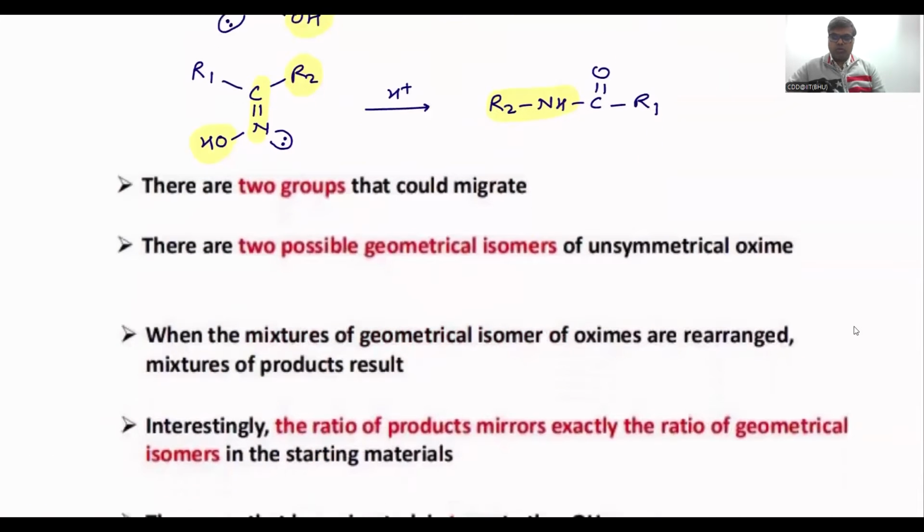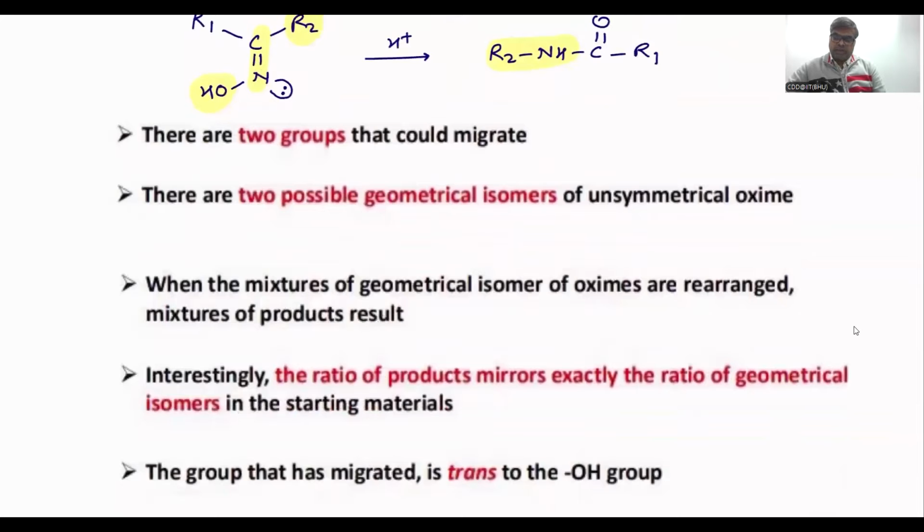And it is very interesting to note that the ratio of the products in the mixture is exactly the ratio of the geometrical isomers. Like if the reaction of a carbonyl compound with hydroxylamine produces the oxime, the ratio in which oximes are formed, the rearrangement product is also in a similar ratio.